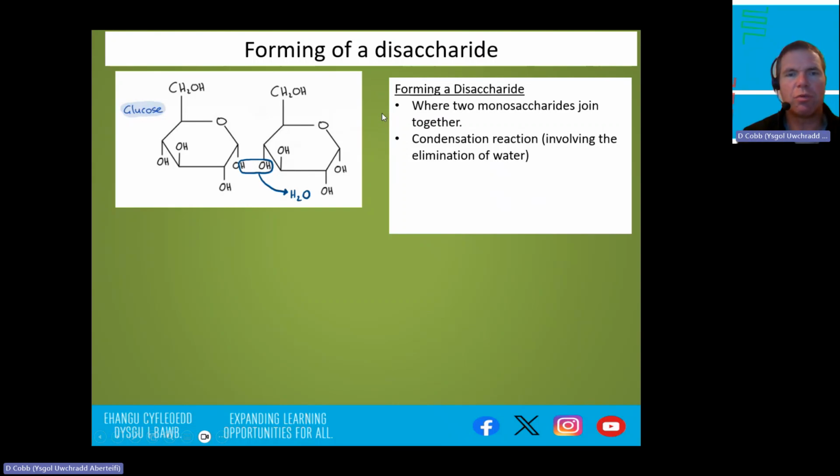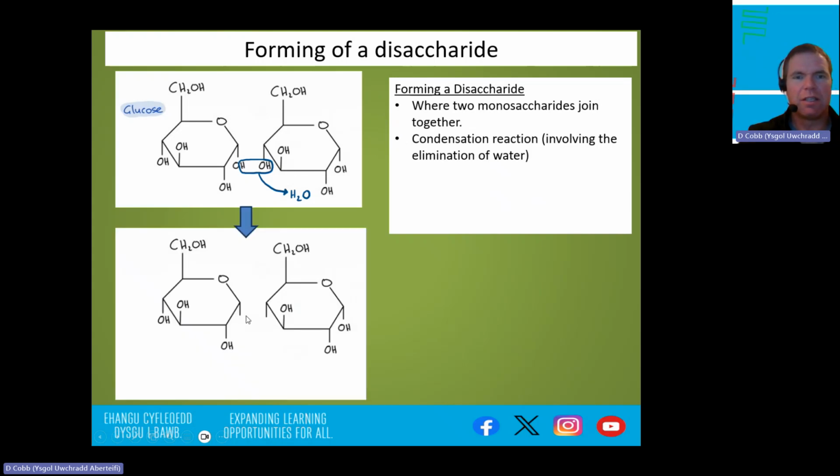I've circled there 2 hydrogens and an oxygen. Those atoms are eliminated from this reaction, and what is left is those 2 molecules drawn the same way, but now I've got that oxygen that was not taken in the formation of water joining together those 2 monosaccharide units.